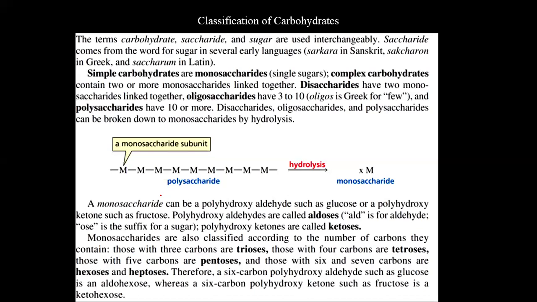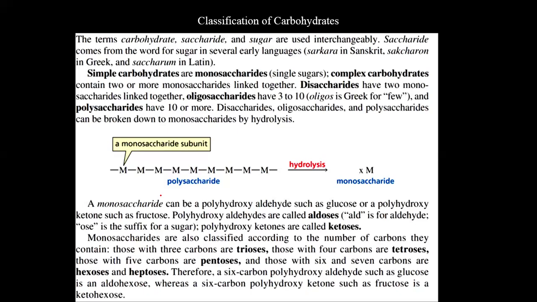Another means of classifying your carbohydrates is in terms of reducing agents. If you use a reducing agent such as Tollens' reagent or Fehling's solution, and the sugar reduces Tollens' reagent or Fehling's solution, then it is called a reducing sugar. That is, the Tollens' reagent gets reduced and the sugar gets oxidized.